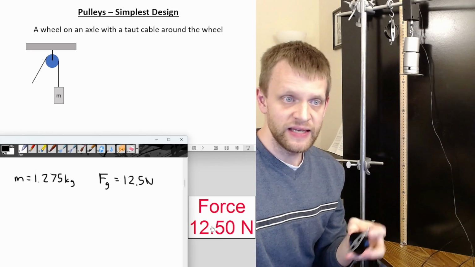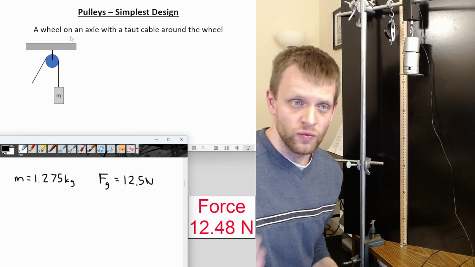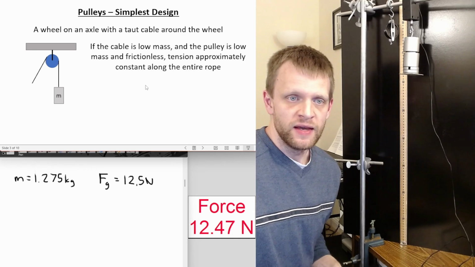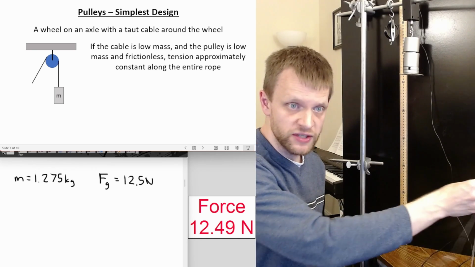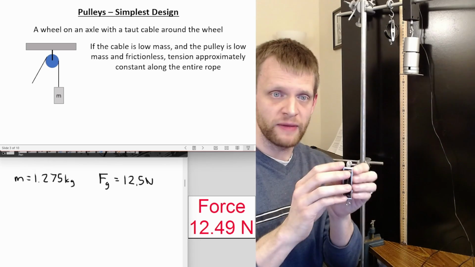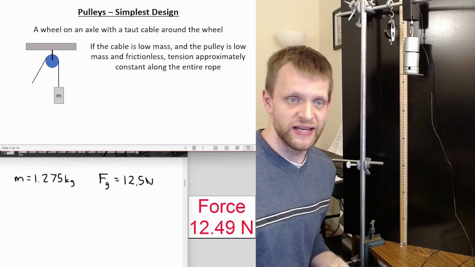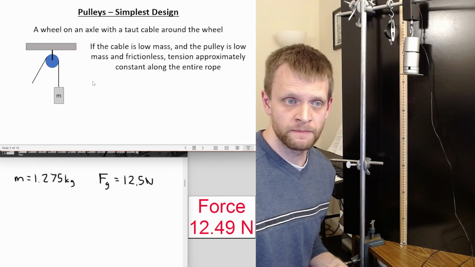And in the case where we have one of these pulleys, if we have a wheel on an axle with a taut cable around that wheel, if the cable is fairly low mass, we're just going to be using string for this, and the pulley is both low mass and frictionless, then the tension of that string is going to be approximately constant along that entire rope.